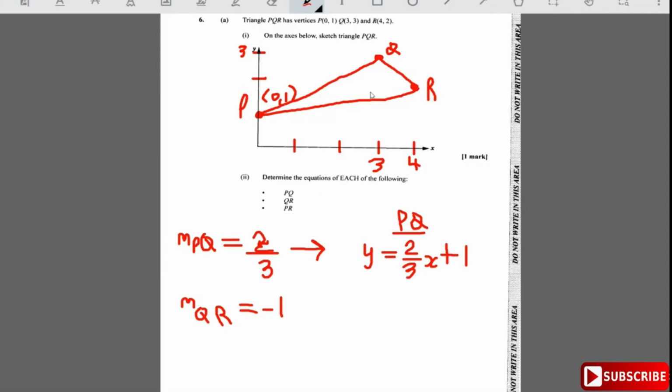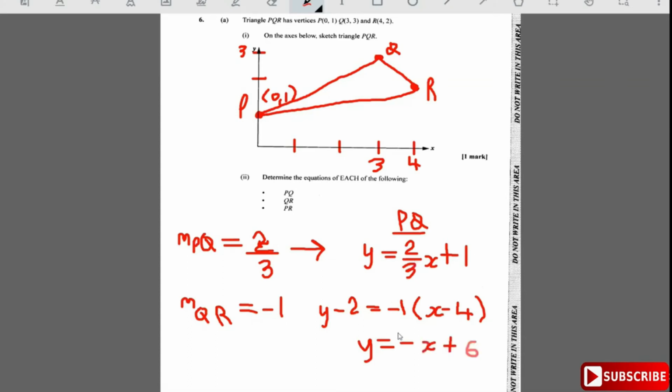The equation of QR is y minus 2 equals negative 1 times (x minus 4), using the y value at R. Making y the subject, y equals minus x plus 4 plus 2, so y equals minus x plus 6.